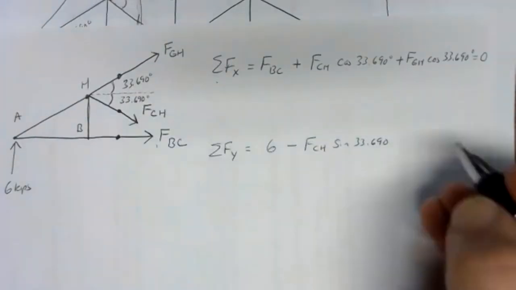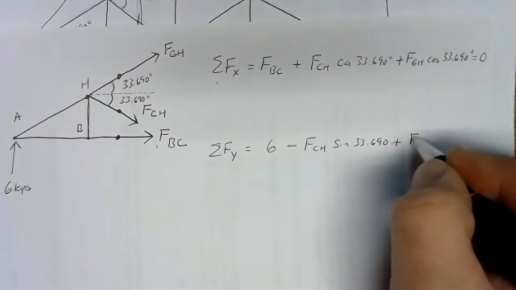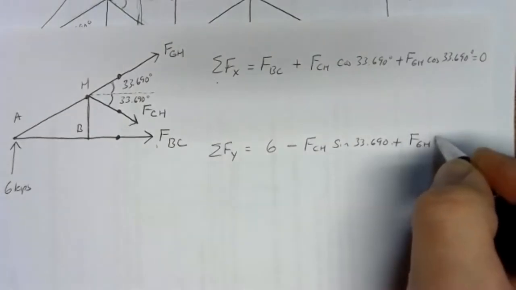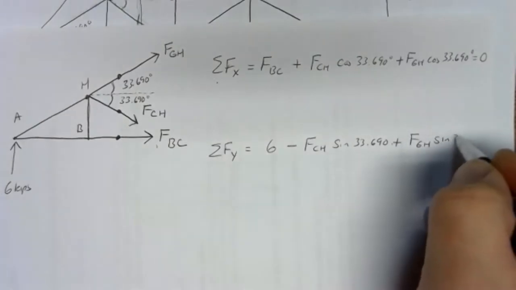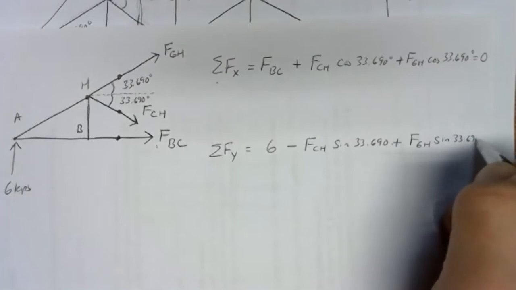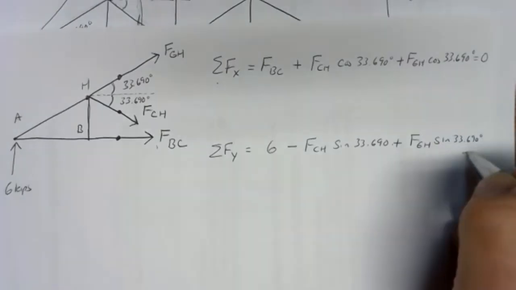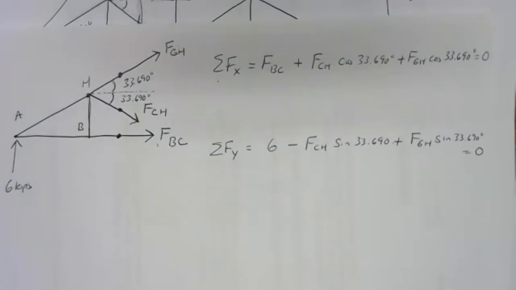FGH pulls up, so that'll be plus FGH, also sine of 33.690 degrees. So that'll be equal to 0. Nothing's looking good so far as being able to solve. The x direction's pretty bad. We've got 3 unknowns in that. We've got 2 unknowns in our y direction equation, so we can't solve that one just yet.